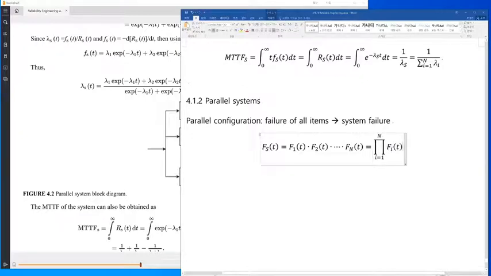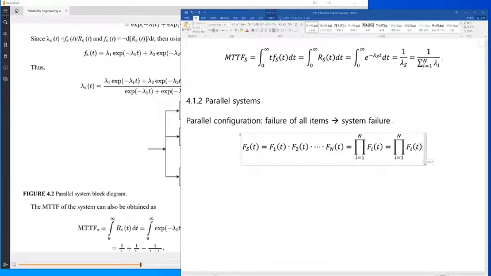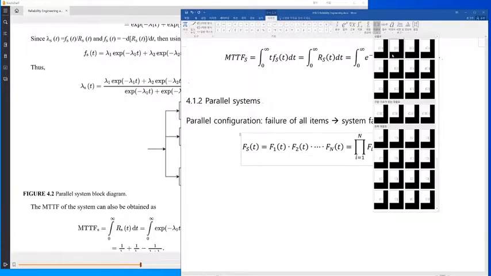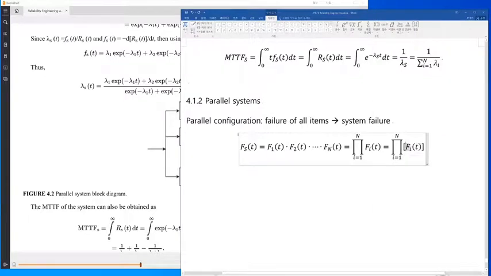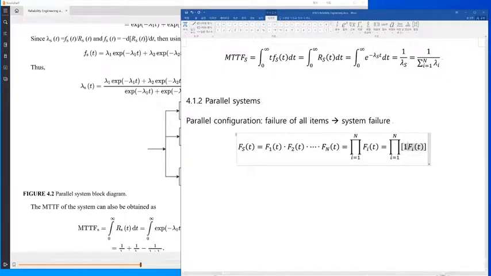And in fact, this 1 minus F is the same as the reliability.